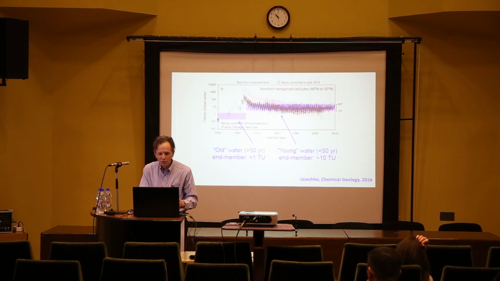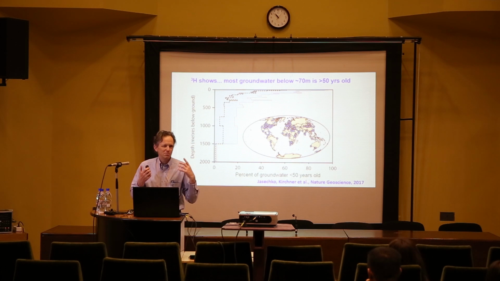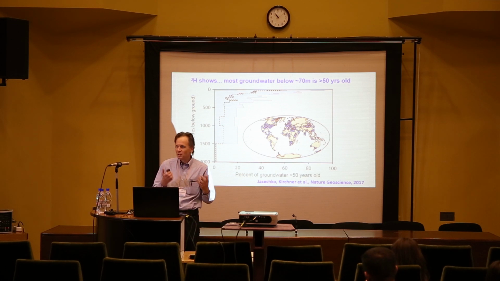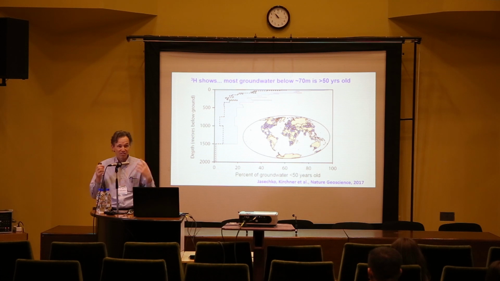So we can use these two end members to quantify the fraction of water that's younger or older than basically me, right? So younger or older than about 50 years. We've compiled a database of isotope measurements from about 6,000 wells around the world.